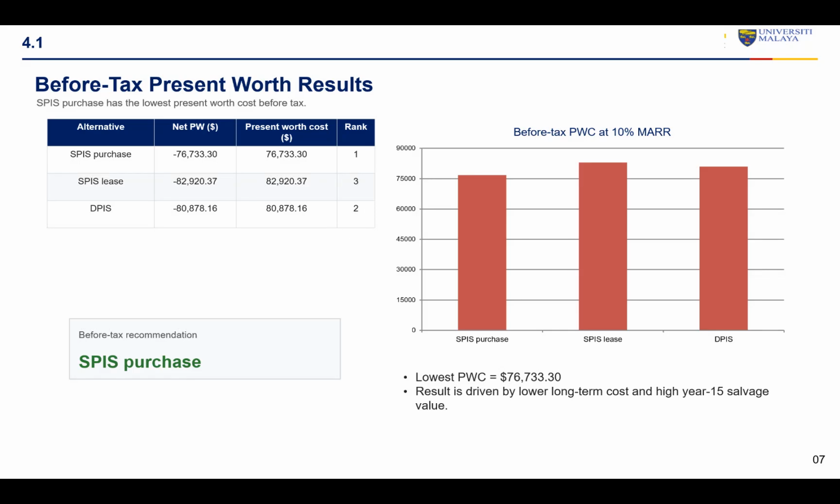Therefore, using the present worth method before tax, SPIS purchase is the preferred option. This result is mainly due to its high year 15 salvage value and the relatively lower long-term cost.